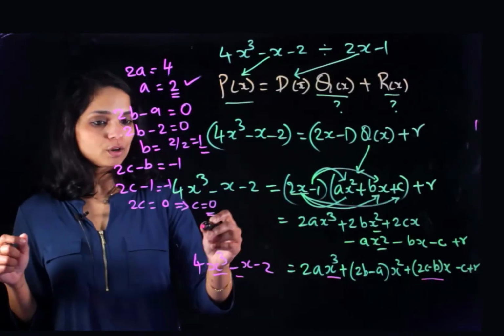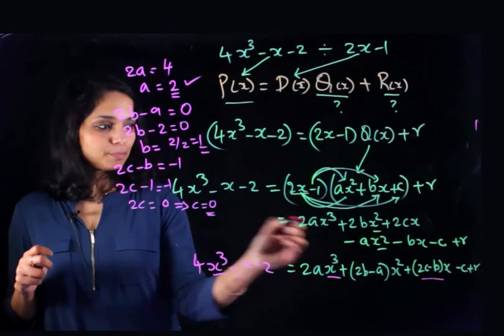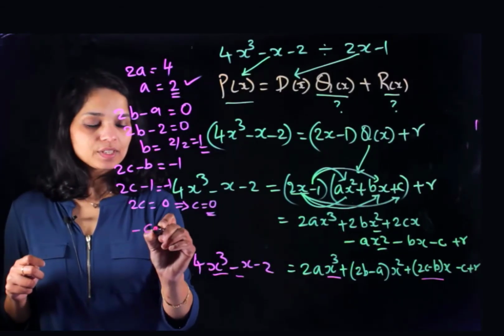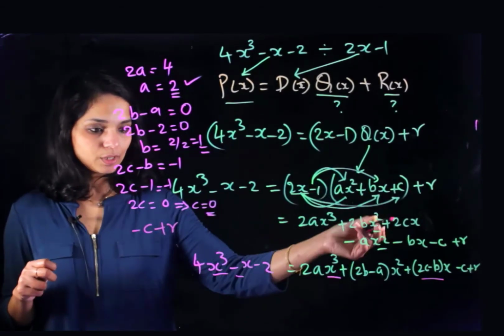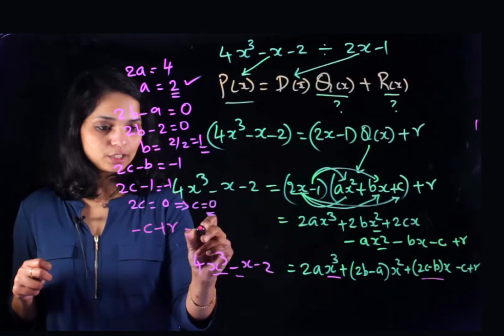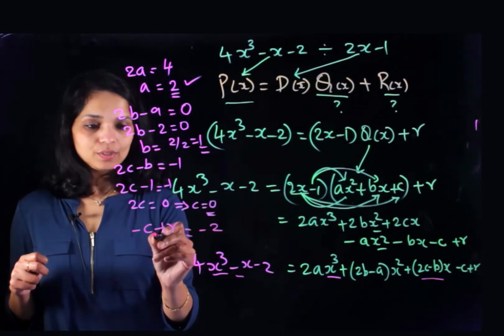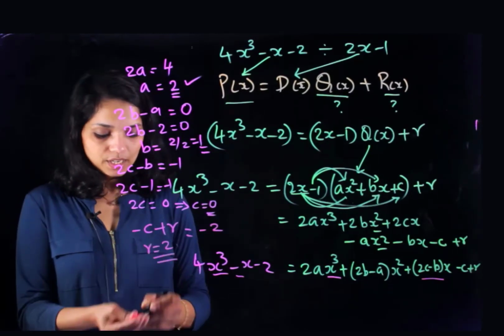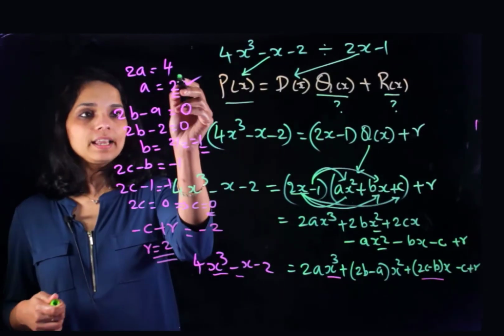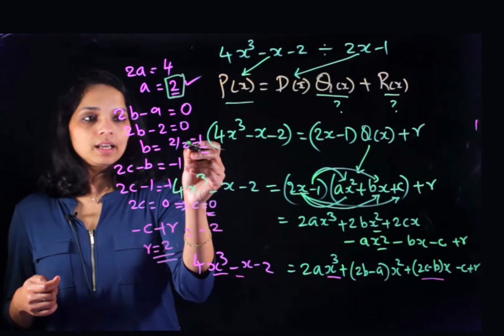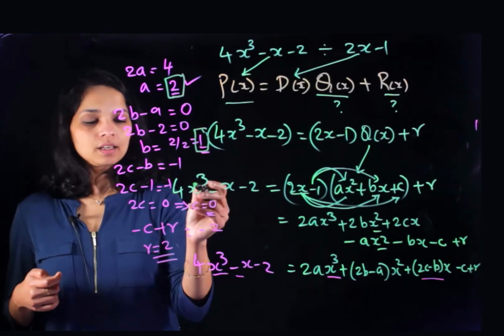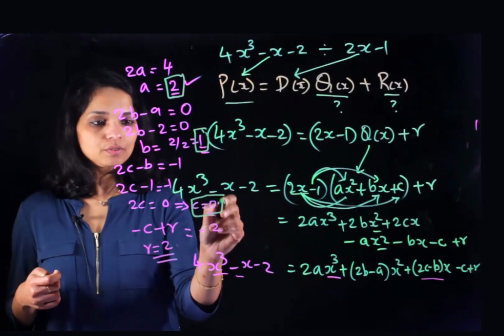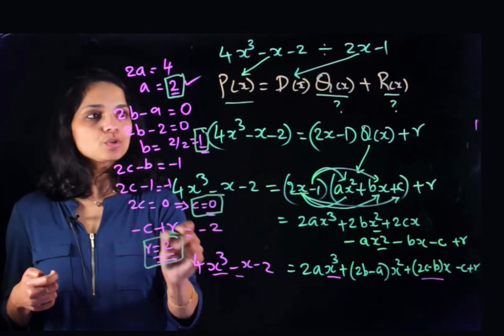So let's compare the constants on both sides. Minus c plus r is the one on that side, and on this side it's minus 2, and c is 0, so that gives us r equals minus 2. So we got the coefficients a is 2, b is 1, c is 0, and r is minus 2.